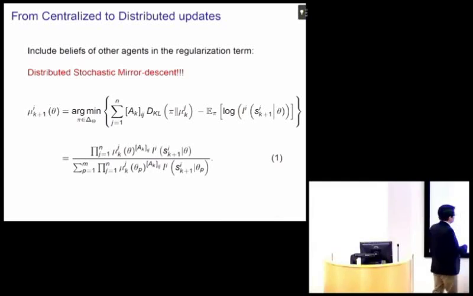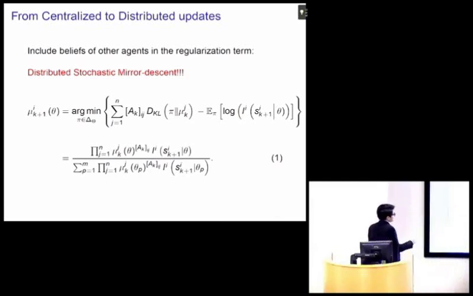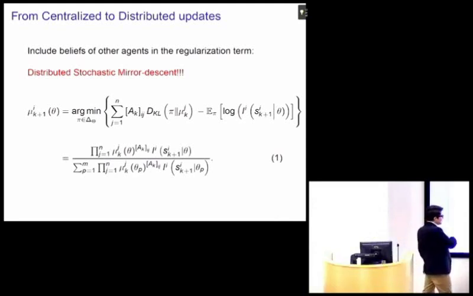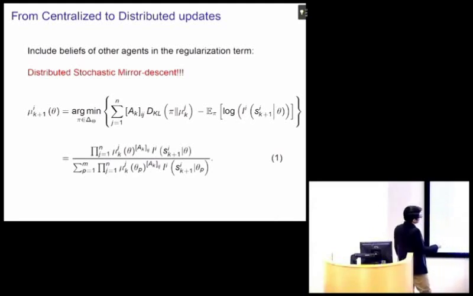Right? So this is a very natural extension, and this is called distributed stochastic mirror descent, right? If you go from the centralized to the decentralized version, it often includes some type of weighting with your neighbors. And when you solve this optimization problem, you get this solution, right? It's very nice that it has a closed form.